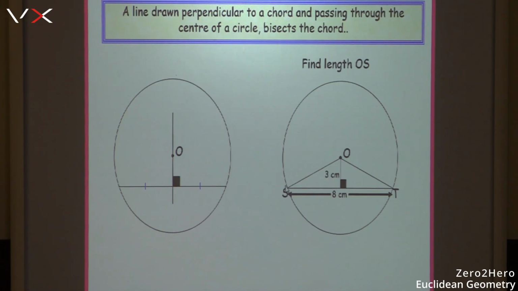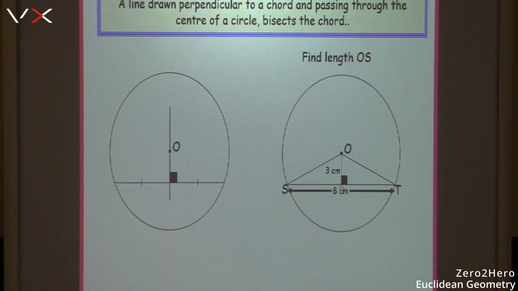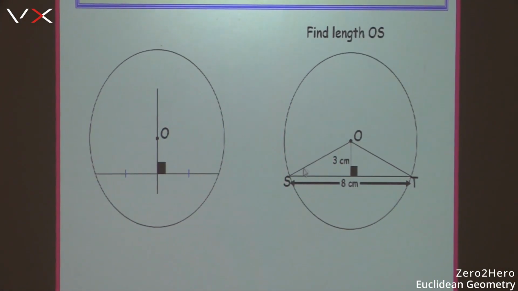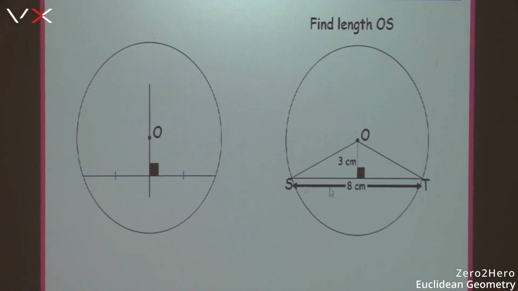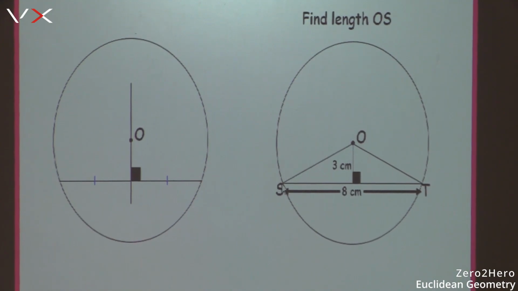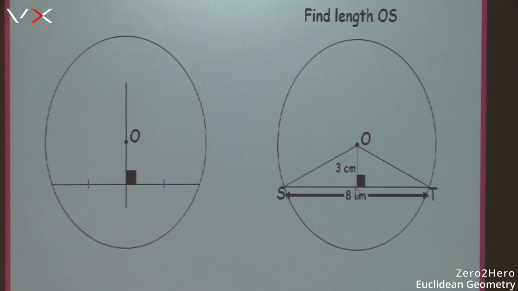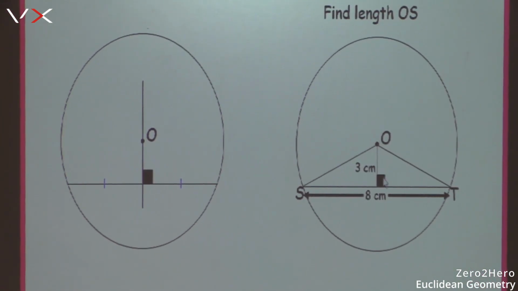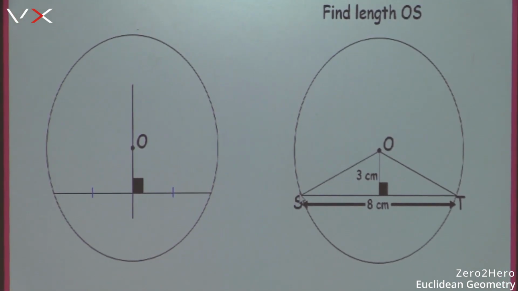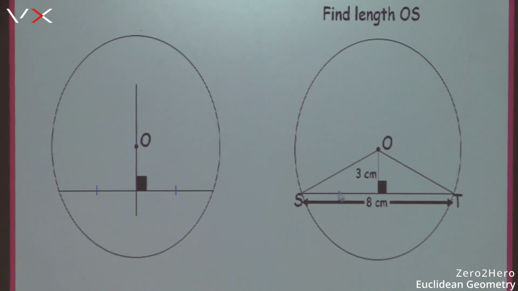So this side from S to the center is the same as from here to the other side. If this whole distance is 8 centimeters, if I don't know this theorem, I will never see that the distance from here to here is 4 centimeters, because this line bisects this chord.